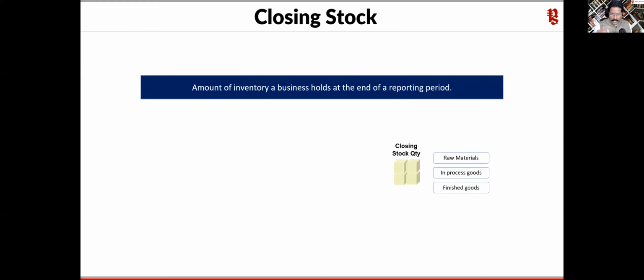Okay, so the balance amount, the unsold stock that is left with you, could be in various forms which we already saw in the earlier session. So it could be in the raw material form, work in progress, or finished goods stage, and all those things, right?